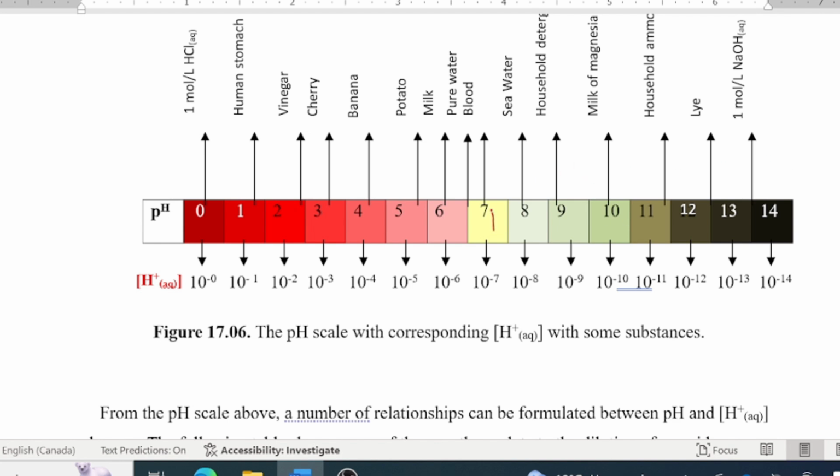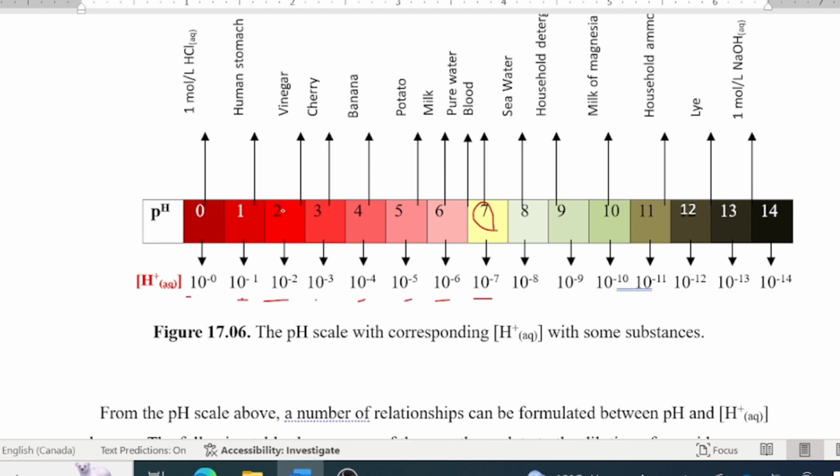Anything that has a hydrogen ion concentration of 10 times 10 to the negative 7 is neutral. As the hydrogen ions get more concentrated, okay, know why? Because the negative exponent here is getting less and less. It means the value is getting more and more.